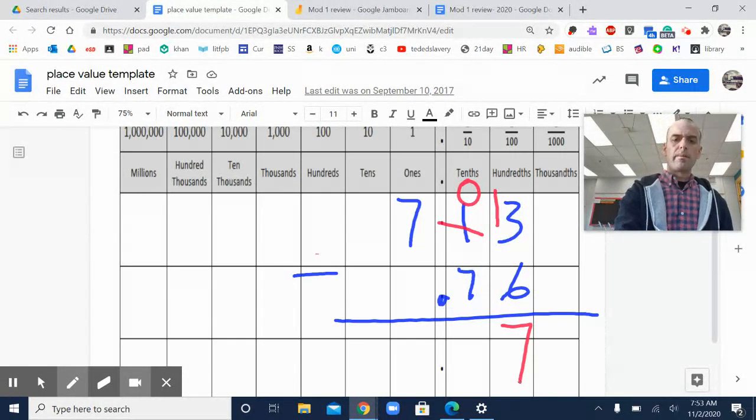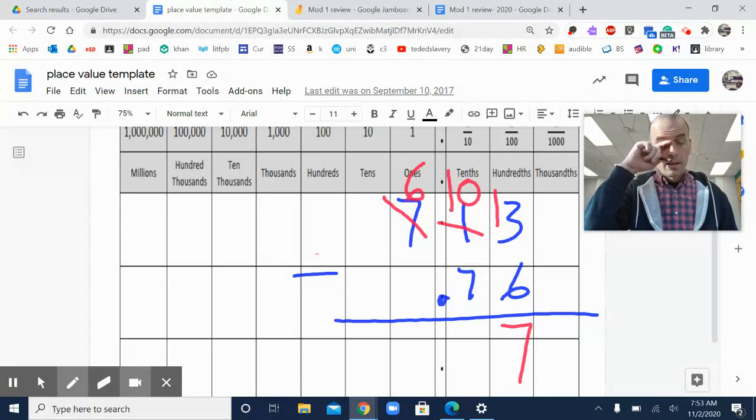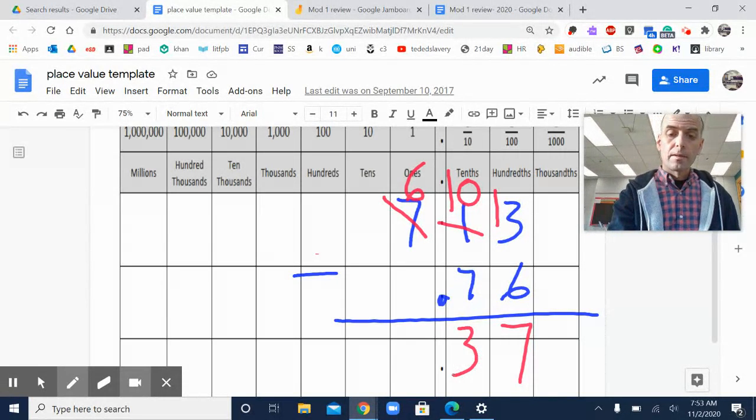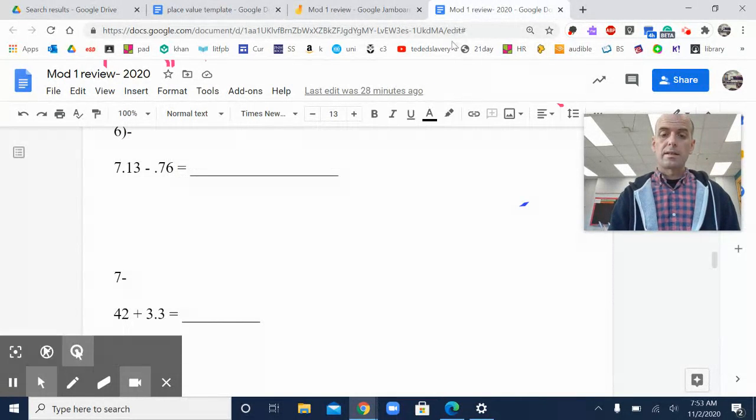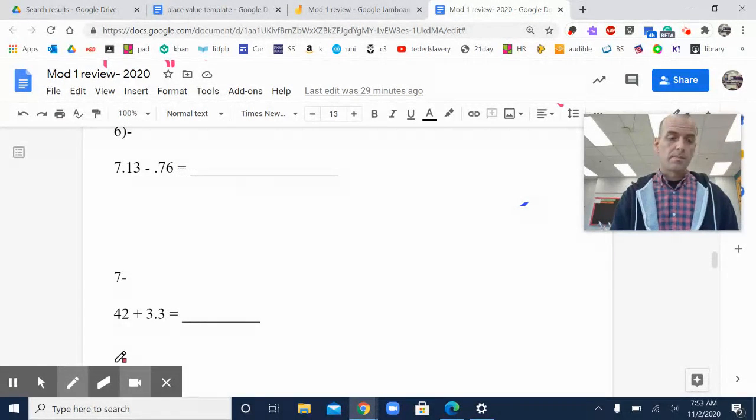Now 0 minus 7, I can't do that. So I borrow from the ones, becomes 6, that becomes 10. 10 tenths minus 7 tenths is 3 tenths. Okay, we know the decimal comes down. 6 minus nothing is 6. So your answer there is 6 and 37 hundredths.